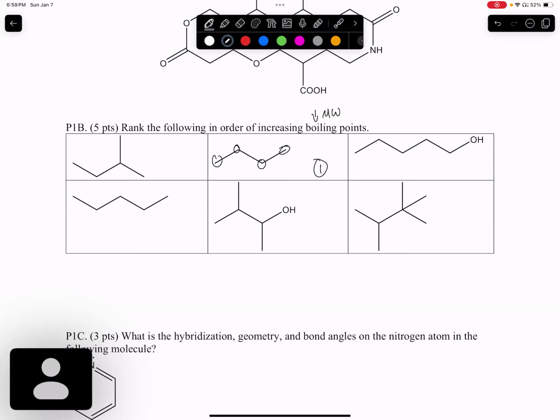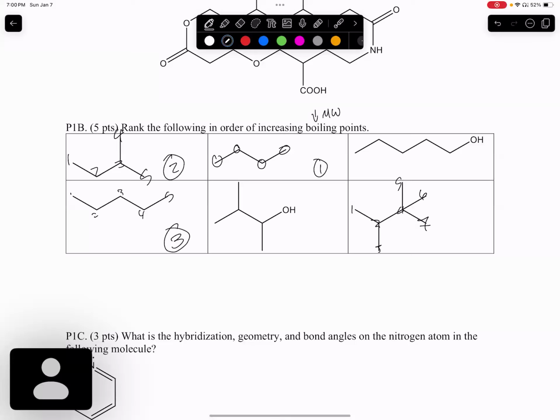How many carbons does this have? 1, 2, 3, 4, 5. 1, 2, 3, 4, 5. Right? 1, 2, 3, 4, 5, 6, 7. So if we're comparing A and C, which one's going to be lower? A. Thank you.